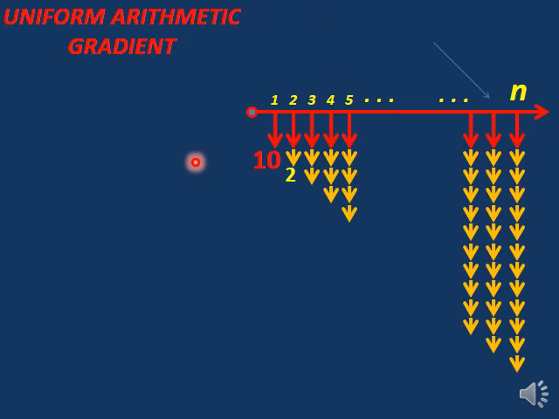So here, at the end of the first year, our payment is equal to 10,000. Let that be our A. Next, on the second year, our payment is 10,000 plus 2,000, which is 12,000. Let that be A, which is 10,000, plus the gradient, which is 2,000: A plus G. And on the third year, our payment will be 10,000 plus 4,000.